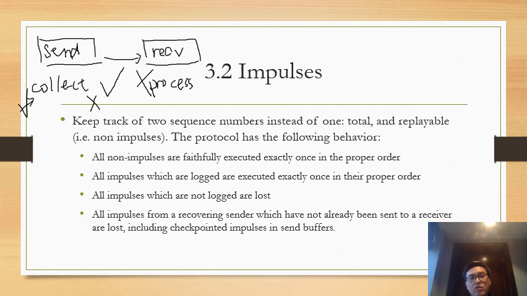First, all non-impulses are faithfully executed exactly once in the proper order. Second, all impulses which are logged are executed exactly once in their proper order. Third, all impulses which are not logged are lost. Last, all impulses from a recovering sender which have not already been sent to a receiver are lost, including checkpointed impulses in send buffers.